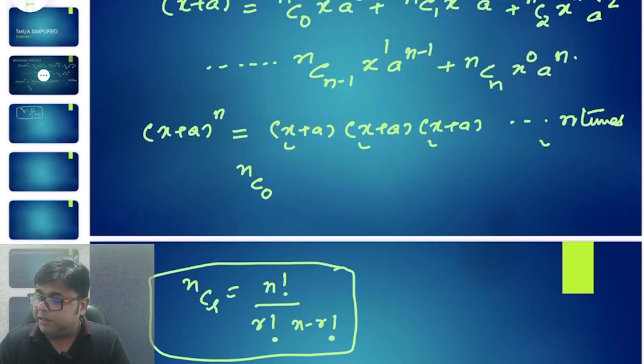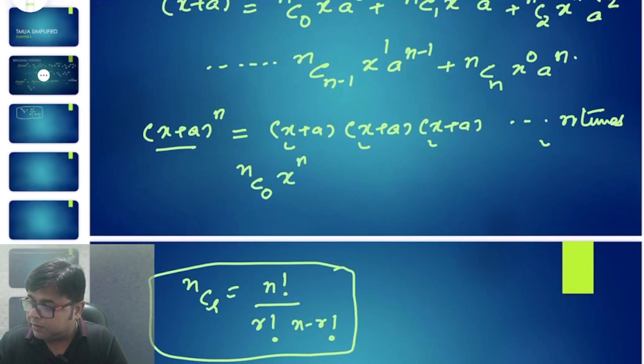So what does this mean? From n brackets, since I've selected all x, I haven't selected any of the a's, and the number of ways of selecting no a from n brackets is nc0.